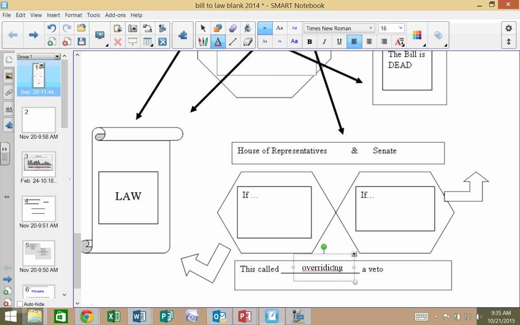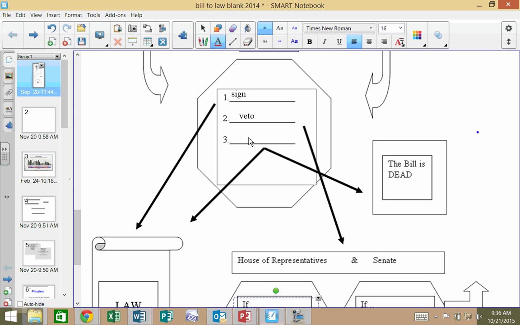And it has to pass both houses with a 2/3 vote. And if it does that, then it becomes a law even though the president vetoed that bill.